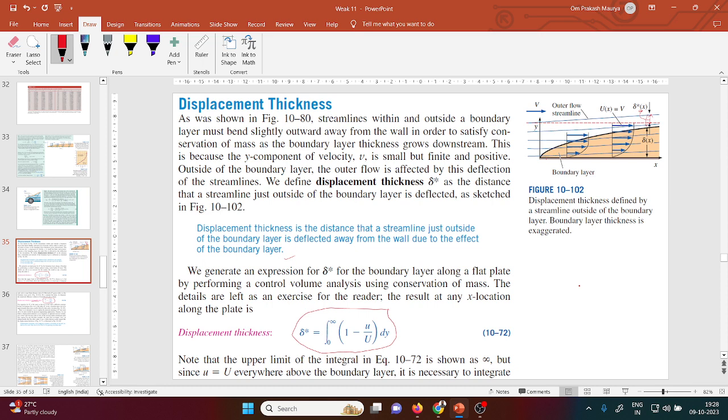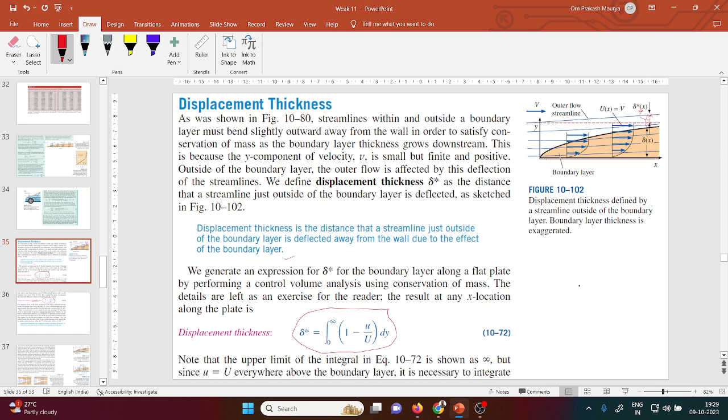Do you have any doubt on the displacement thickness? What is the dotted line, the actual flow path? It is the streamline. There are two lines, one dotted and one solid.